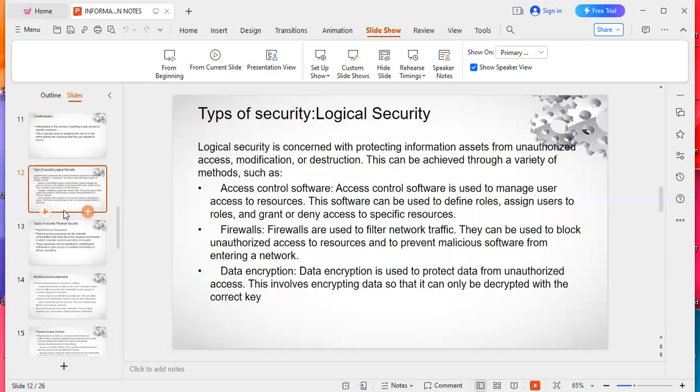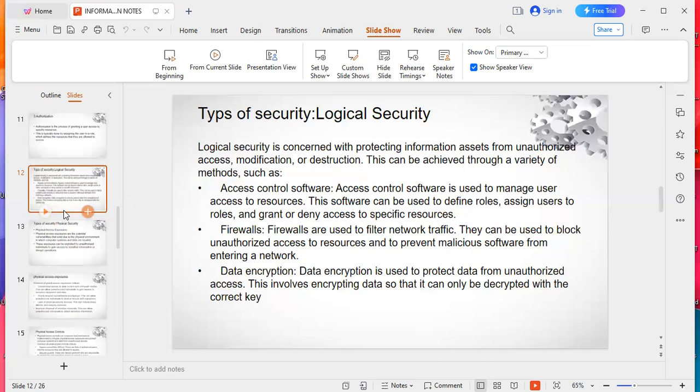Then we have firewalls. These are software that are used to filter network traffic as it comes in. You can block areas that you don't want people to view. For example, pornographic sites can be blocked, among others.